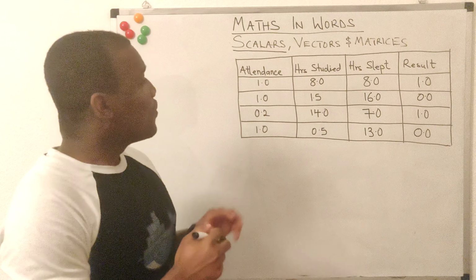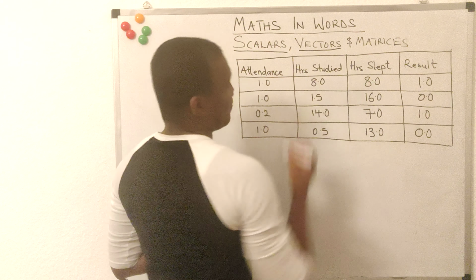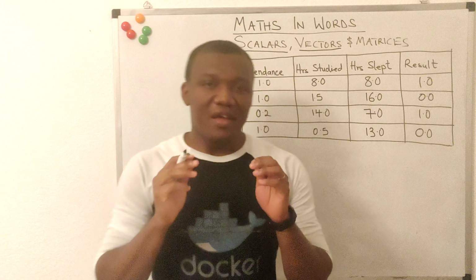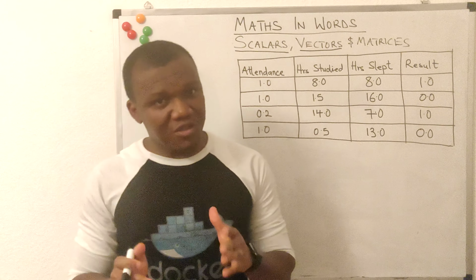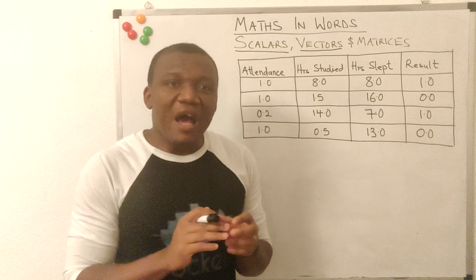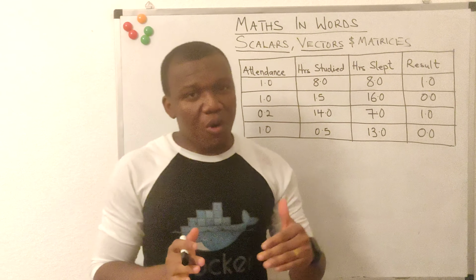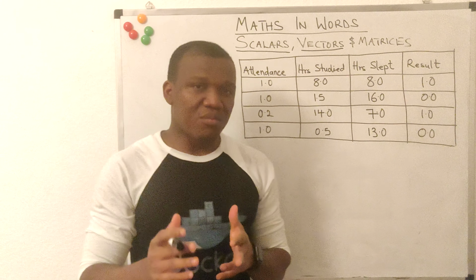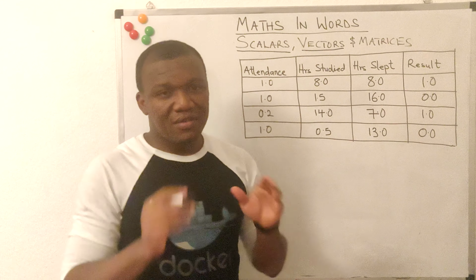In this video, our focus is going to be on vectors. And if my explanation on scalars surprised you and helped you not to be afraid of math, this is going to surprise you even more and help you even more. So, what are vectors?